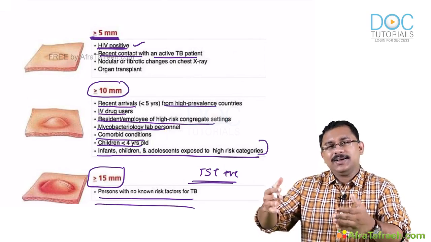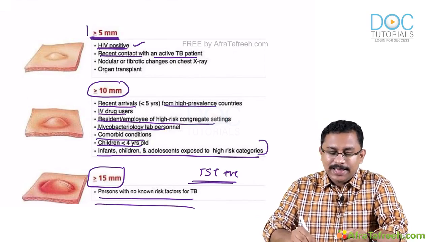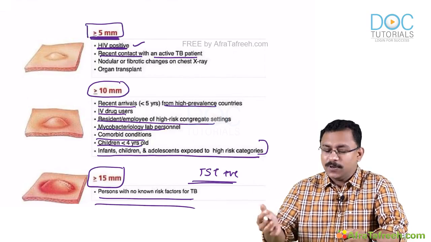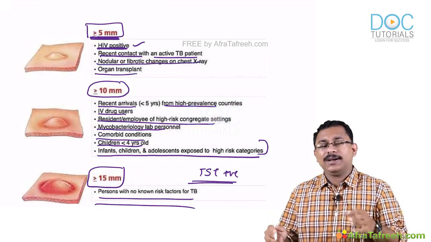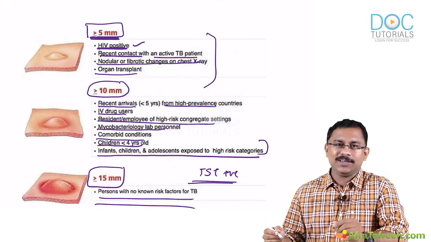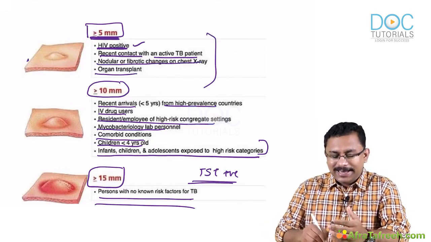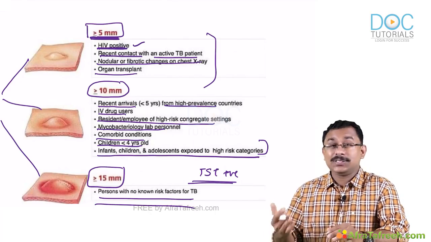But if he is staying with someone who is an active case of tuberculosis, then even more than 5 millimeter is positive. And nodular or fibrotic changes in the X-ray and organ transplant patients, in all these individuals above 5 millimeter is positive. So always remember the categorization of the tuberculin skin test to say a positivity.